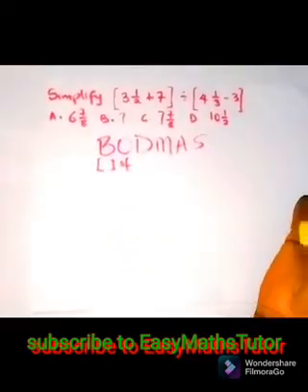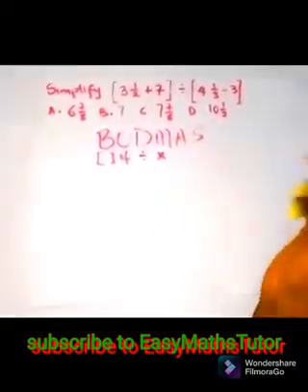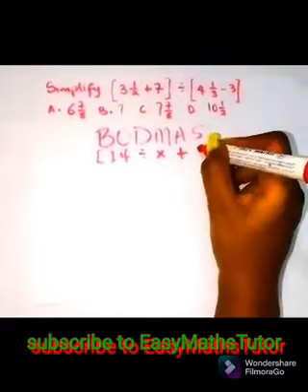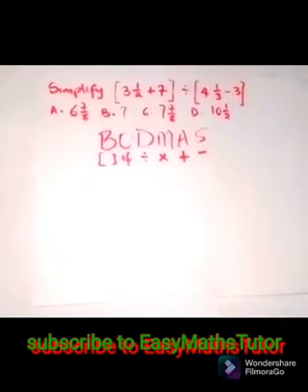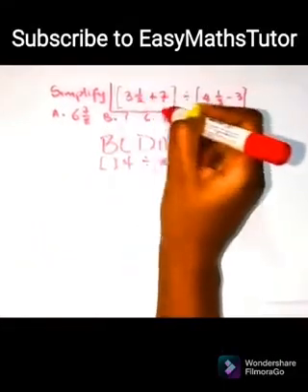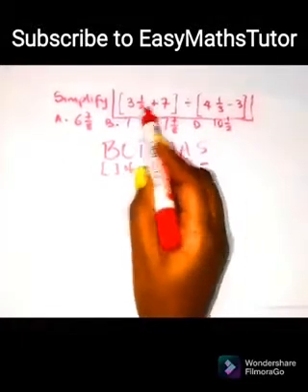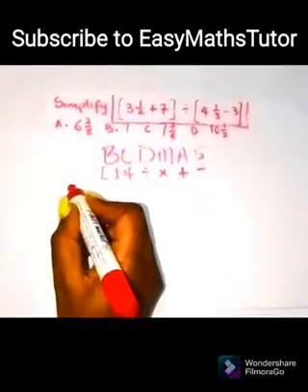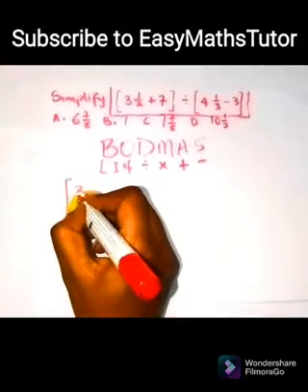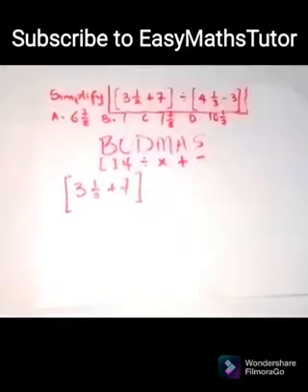B stands for bracket, O stands for of or multiplication, D stands for divide, M stands for multiply, A stands for plus, and S stands for subtract or minus. So when you look at the problem that has been given, we'll first of all solve what is in the bracket first, according to the rule. So the first bracket is 3 whole number 1 over 2 plus 7, okay?